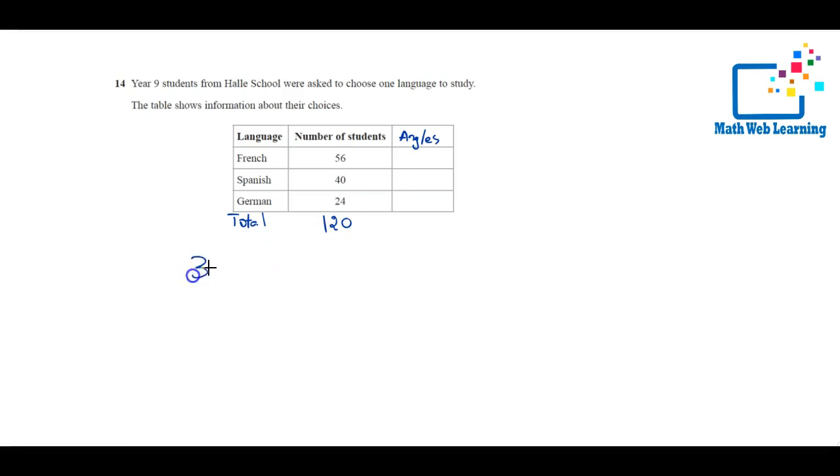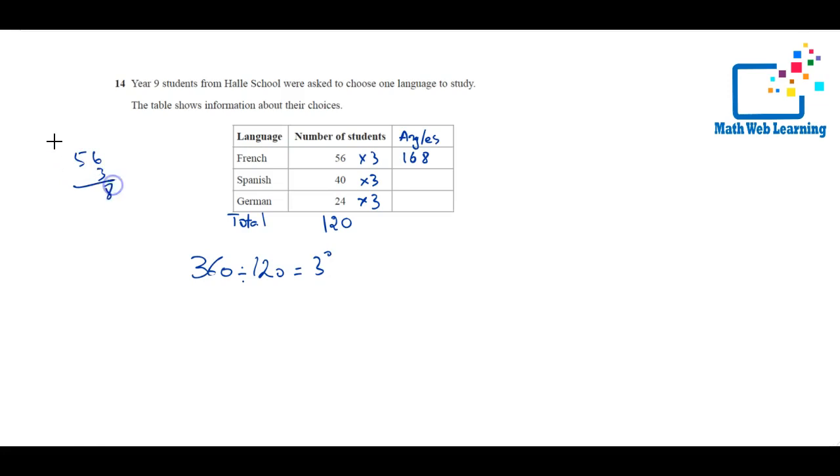Those 120 students we need to distribute across the full circle, so that will give us an angle of 3 degrees per student. So basically we need to multiply by 3 here, here, and here. If you do that and calculate, this is a non-calculator paper, sorry, you get 165, I believe. No, 168. So the first one is 168. I need to double check on that one.